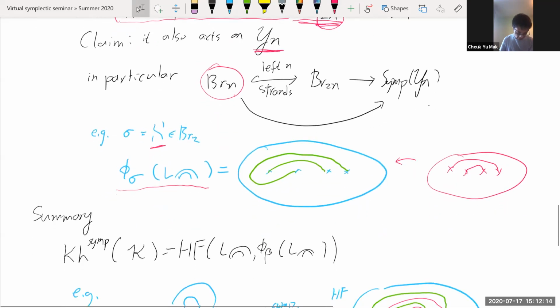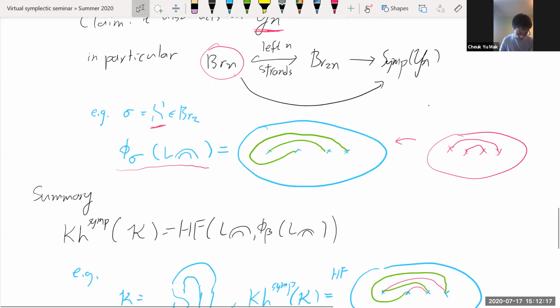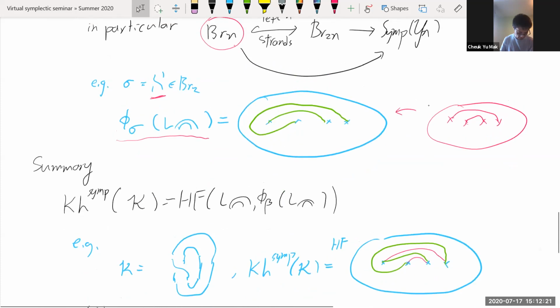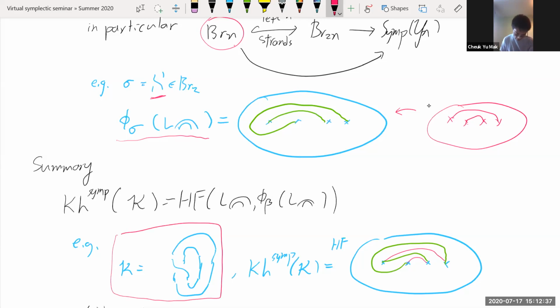And in summary, the symplectic Khovanov homology is defined as the Lagrangian Floer homology of the distinguished Lagrangian L rainbow and the phi beta image of L rainbow. For example, if we consider this one, then beta is this.